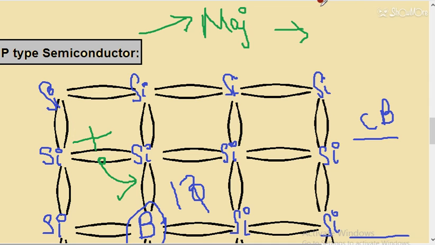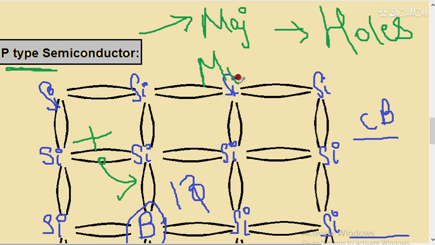So holes are the majority carriers in case of p type semiconductor and minority carriers are electrons.